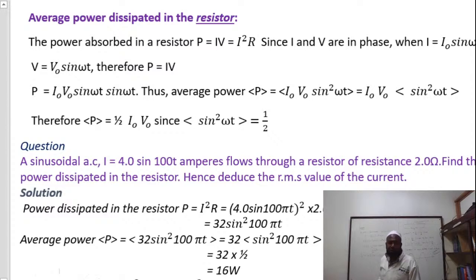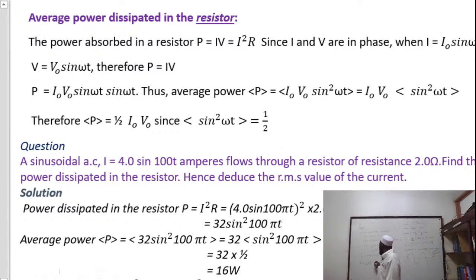Now the question, we are required to find the mean power and then deduce the value of the current. So average power, we said, is given by a half I naught squared R. The resistance, according to the question, was given as 2 ohms.